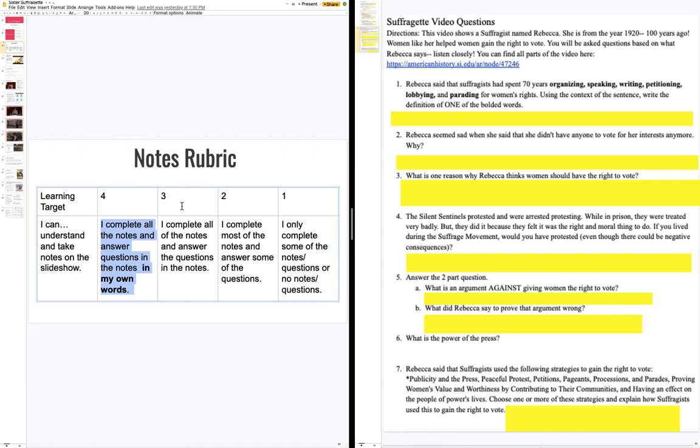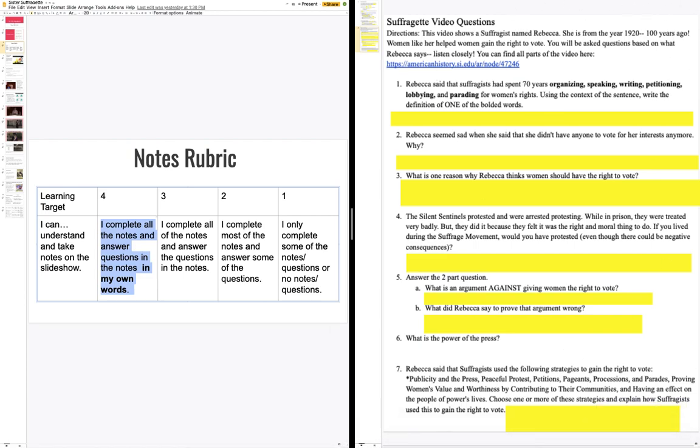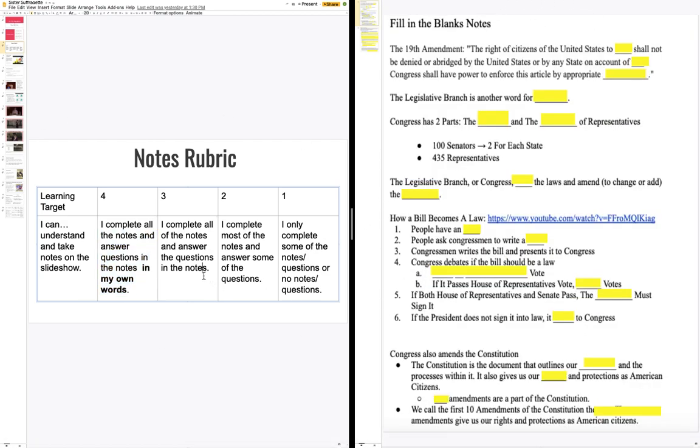We're going to be going over these questions as a class, or in this video, I guess you could say. To get a 3, all you have to do is follow along. But to get that 4, hopefully everybody will be shooting for a 4 and you'll be able to do these in your own words and you'll be perfecto.